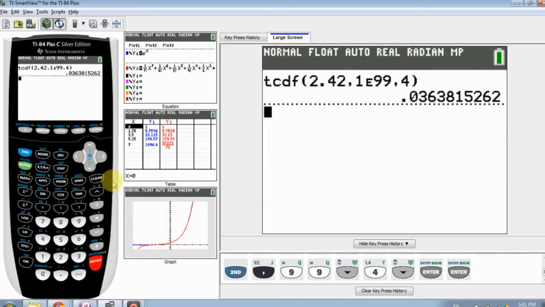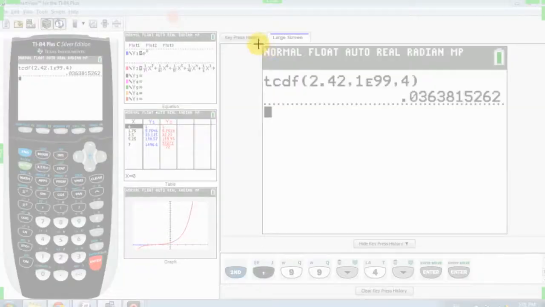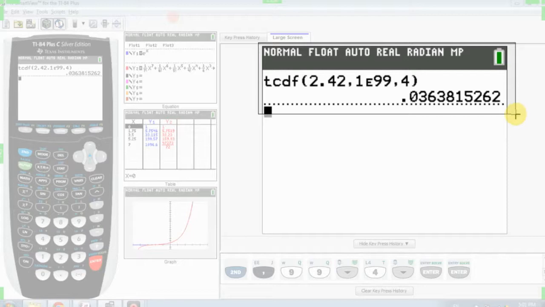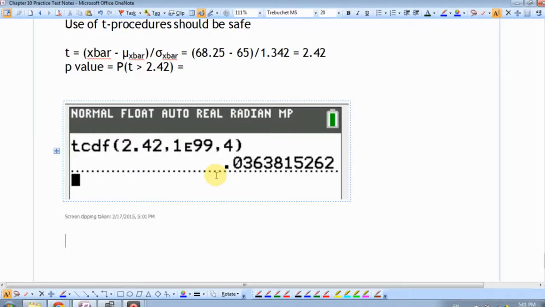0.0364. And we only do TCDF when we're trying to find the p-value. If this was a z-score, you would just use norm CDF. So the p-value is 0.0364.